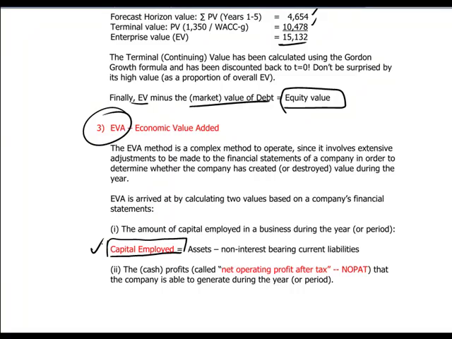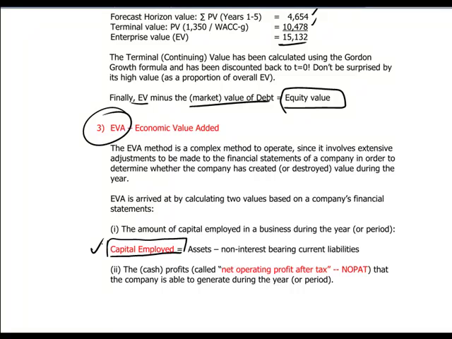For example, capital leases, well, they are anyway, but let's say operating leases, if they're not on the balance sheet, they need to be placed there. If goodwill has been written off, then the EVA method calls for a number of adjustments to undo the results and the distorting effects of financial accounting.